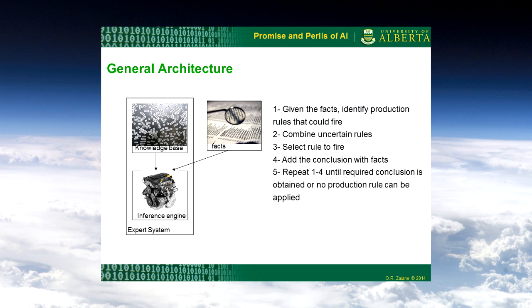One of the reasons that expert systems were part of AI, the main reason, is that this inference engine that uses logic was often coded using programming languages specifically designed for AI, among them Prolog and Lisp. These languages were exploited to build these inference engines.